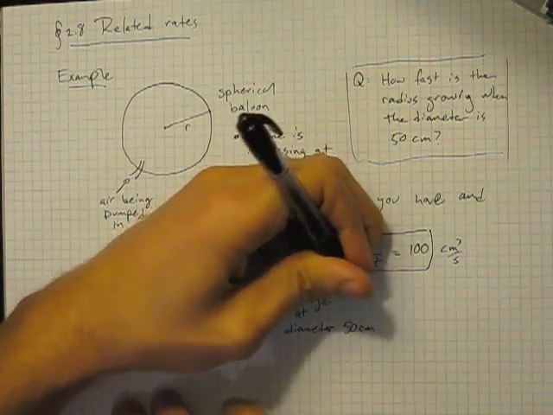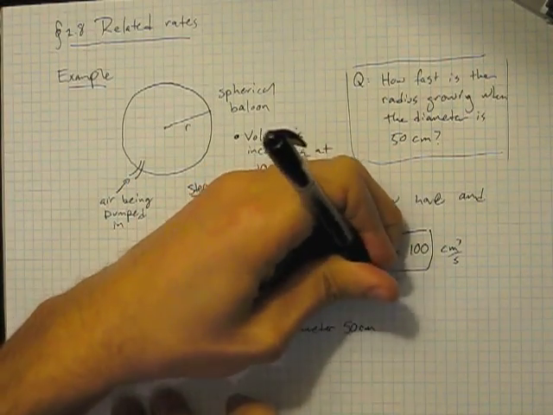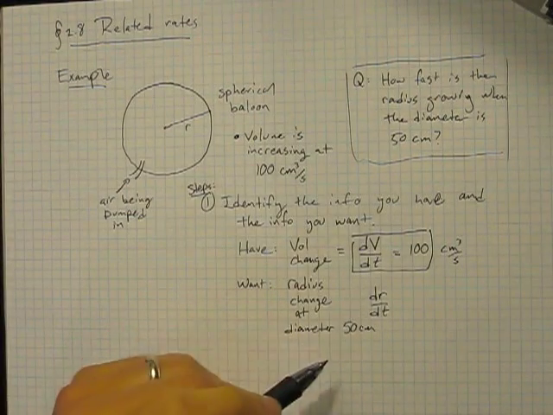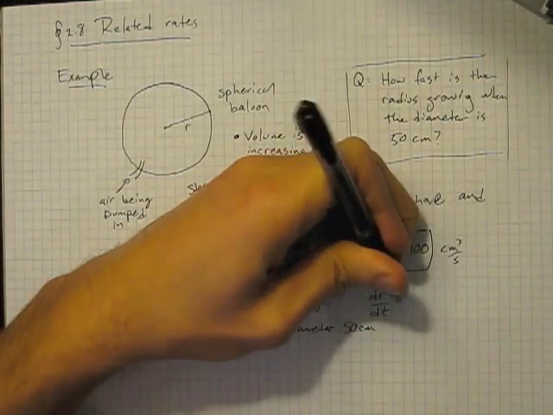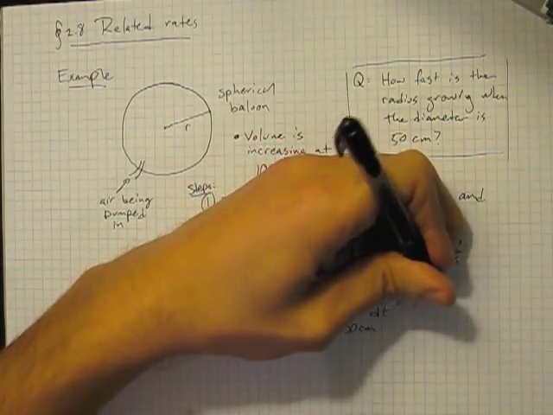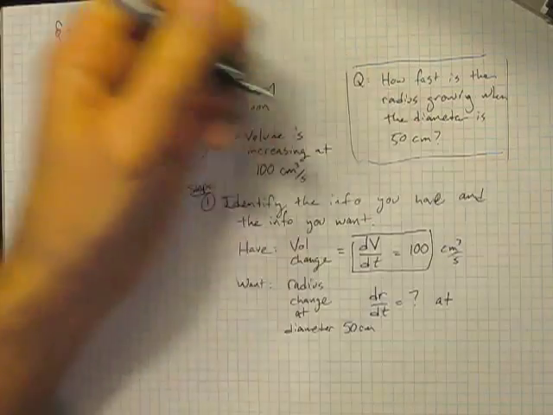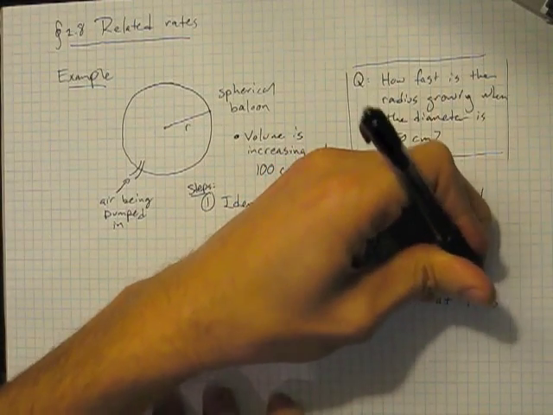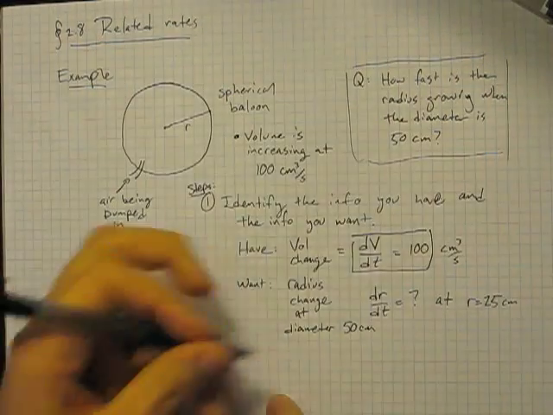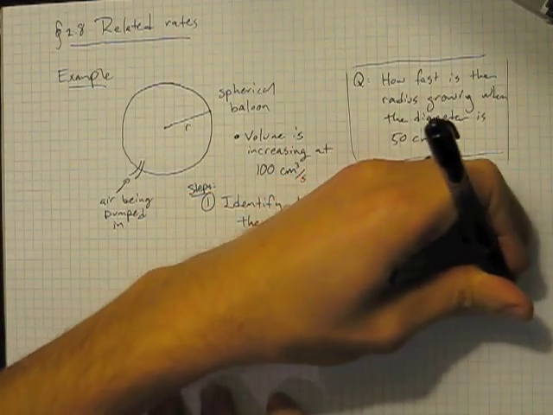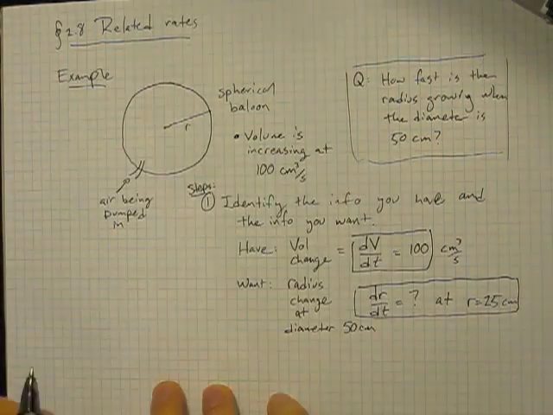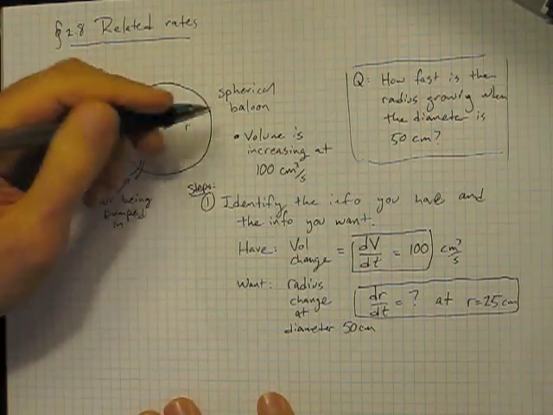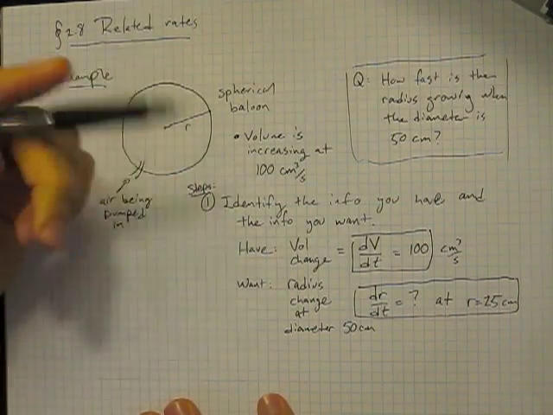We'll represent this as another time derivative, the rate of change of the radius with respect to time. If the diameter is 50, then the radius is 25. So we're looking for that rate of change when the radius is equal to 25. Great, so that's identifying what we need.